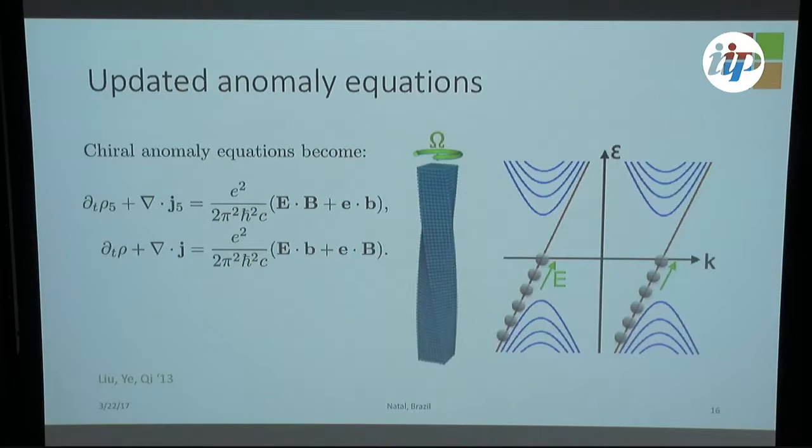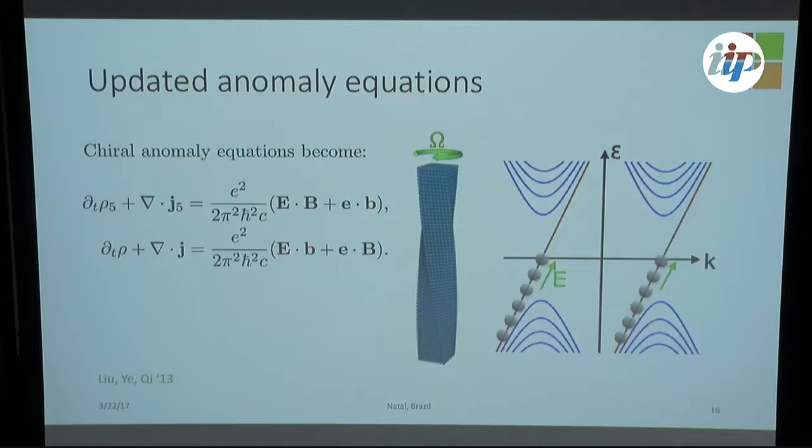Let me walk you through this equation. Before, we had only the first term, where rho 5 and J5 were the difference between the density and current of the electrons in the 2 Weyl cones. Now, as our effective electric and magnetic fields don't have to be the same in the 2 Weyl cones, you get all types of terms in this equation.